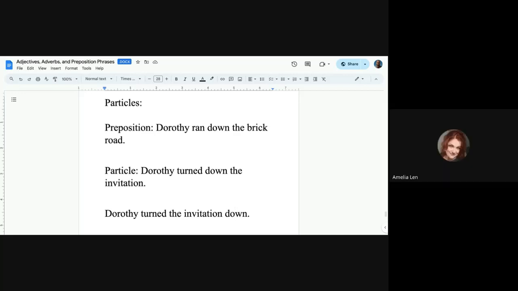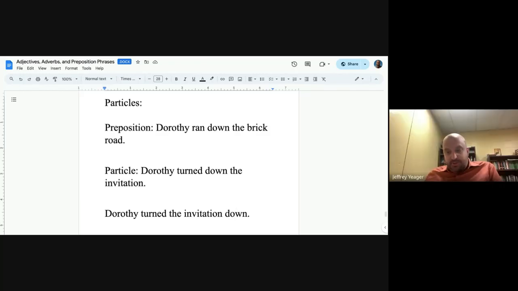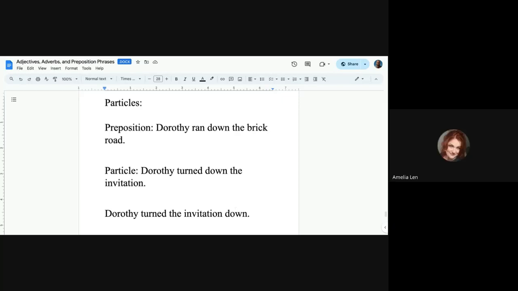Let's see. They scurried down the street. That's they scurried the street. Yeah, that one's a preposition. Down the street is the prepositional phrase, and the street is the object, right? The next one is a particle. He burned down the house.